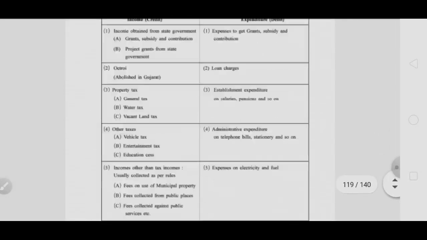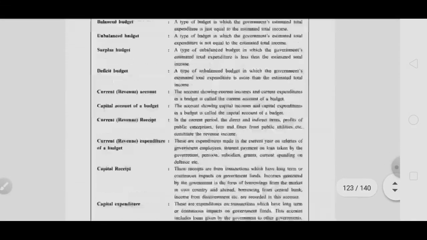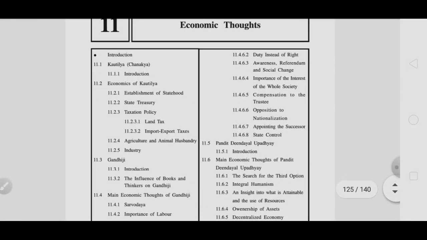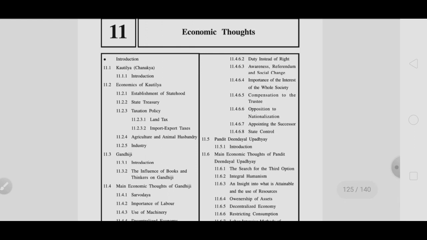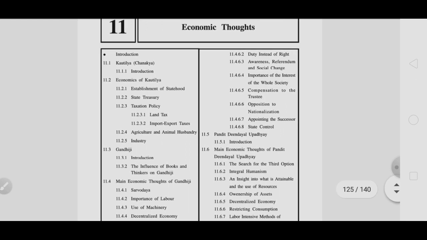Next is chapter number 11, that is Economic Thoughts. This chapter is divided into three different parts, because three different authors have given their points of view on economic thoughts.